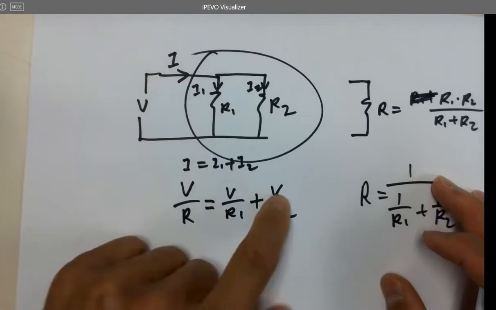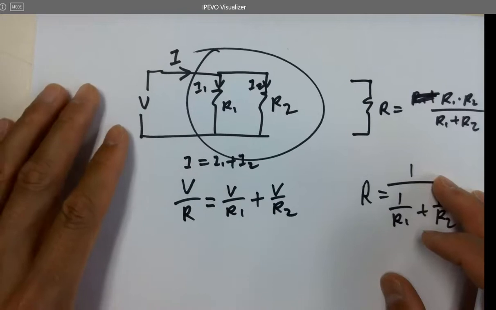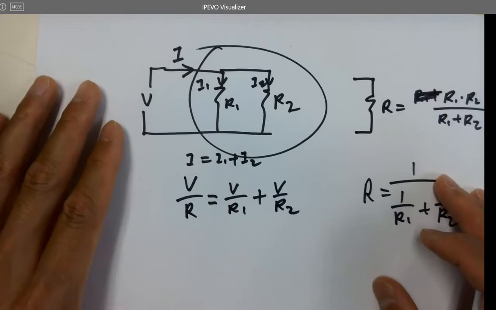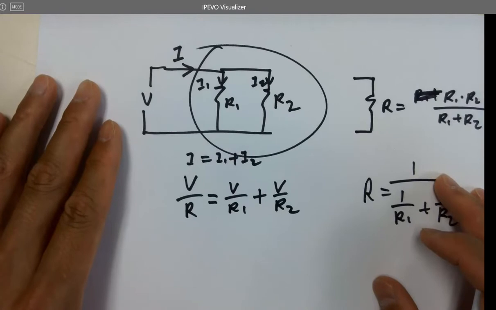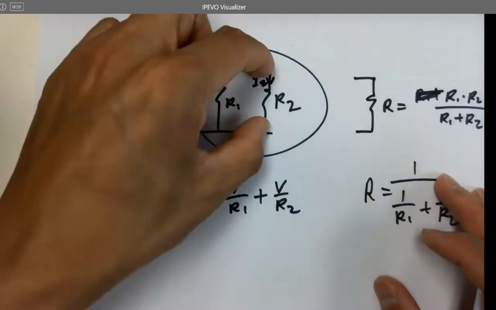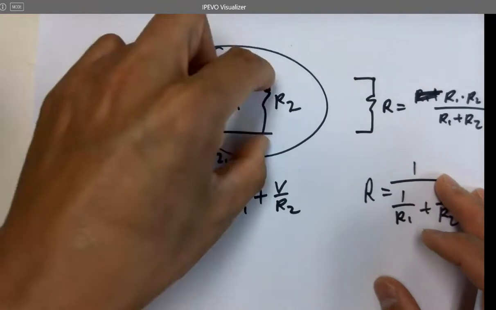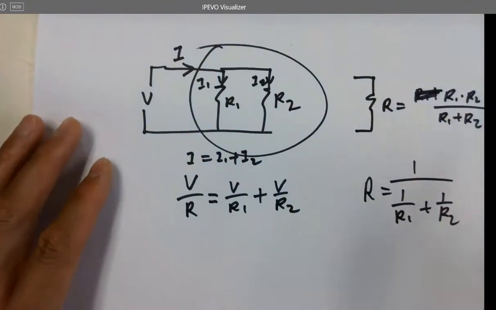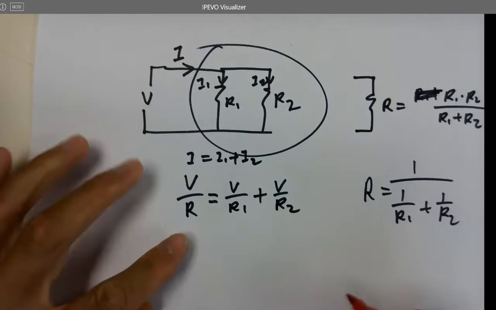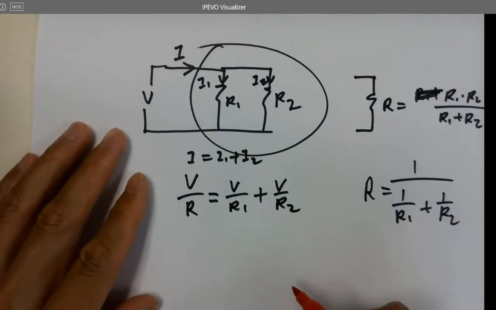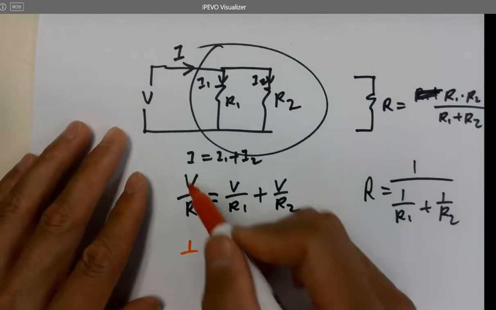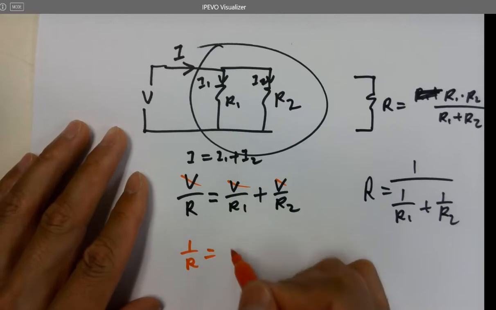So why are these V's, not V1, V2? Yeah, the same voltage everywhere. What's next? You cancel V, right?